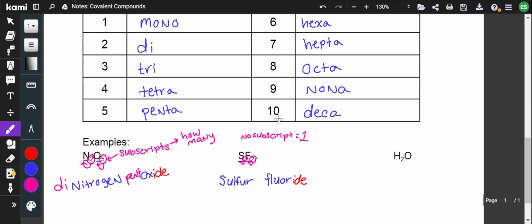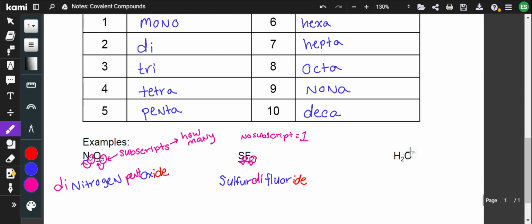So if we have only one of them, and it's the first element, we're not going to use the mono. We'll just leave that alone. So it's just going to become sulfur. We're only going to worry about the subscript for fluoride here. Since it's a subscript of a 2, 2 is di. So this becomes sulfur difluoride. And that's it. Sulfur difluoride.